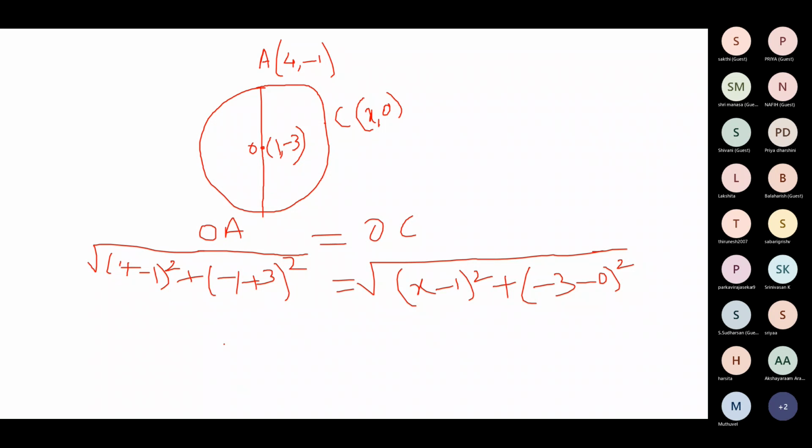Squaring on both the sides will get rid of this. Squaring on both the sides, we get rid of the square root symbol on both the sides. So here 4 minus 1, 3. 3 square is 9 plus 2 square 4. So 13 is equal to, expand this. Somebody's mic is enabled. Please disable your mic. X square minus 2x. Don't forget the middle term. Plus 1.